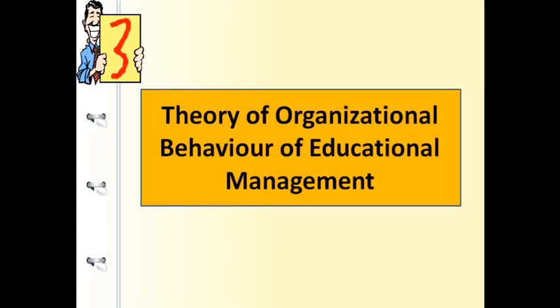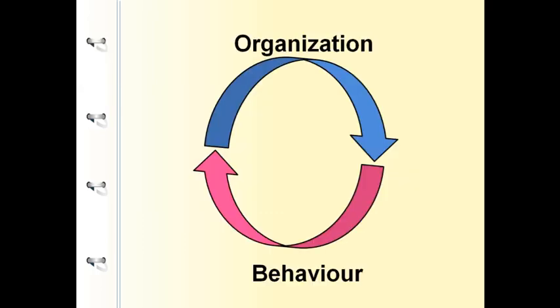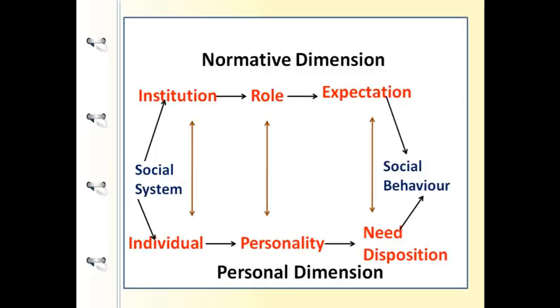Let's move to the third theory, organizational behavior of educational management. In this figure, we can easily see that organization and behavior mutually influence each other. Here we can see two types of dimensions, normative dimension and personal dimension. The normative dimension deals with the institution, role, and expectation, and the personal dimension with the individual, with his or her personality, need, and disposition.